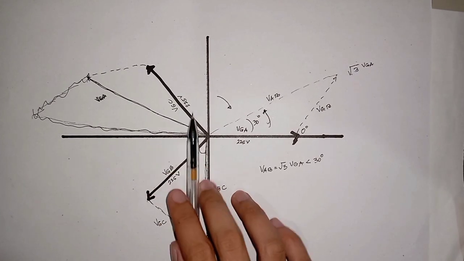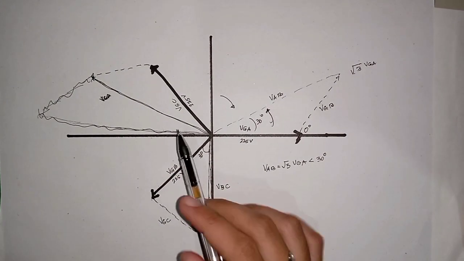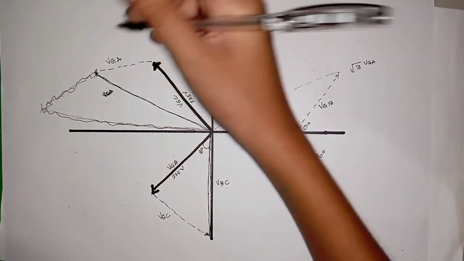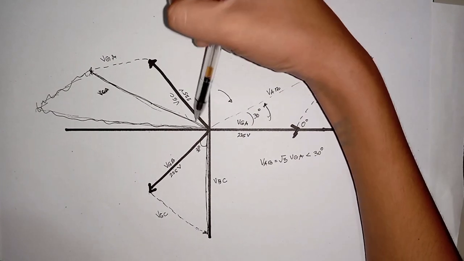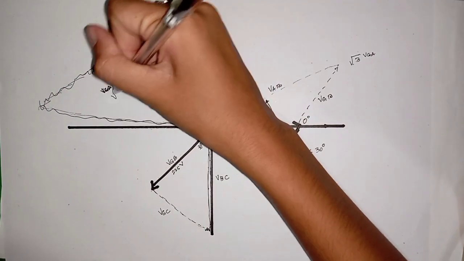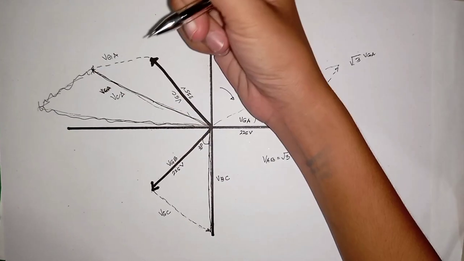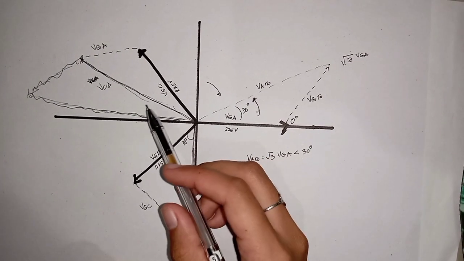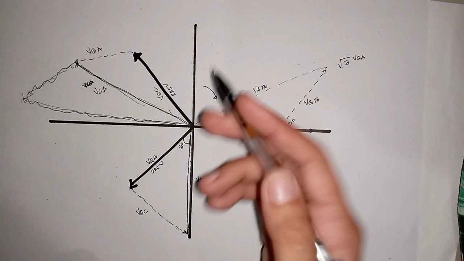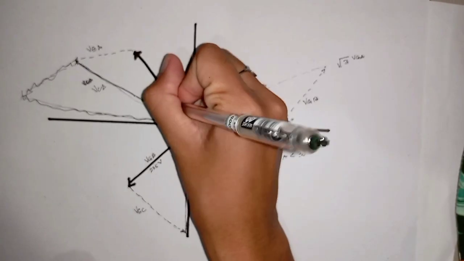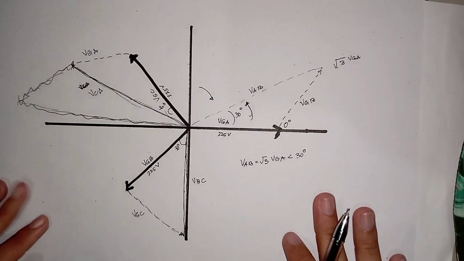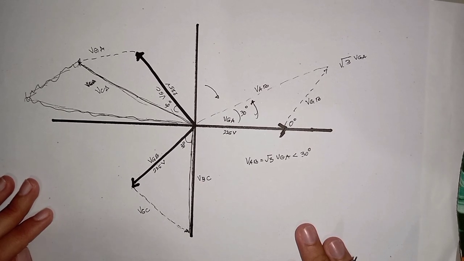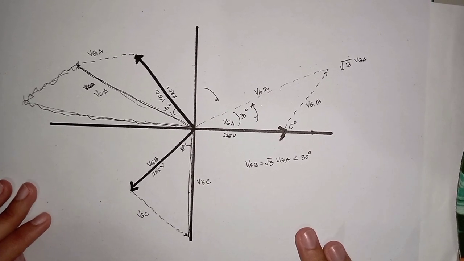So rotate by 180 degrees, so our VGA will be here. Our resulting vector would be our VCA. There is also a 30 degree counterclockwise shift. So this is the voltage phasor diagram analysis, and that's all about a Delta-Wye transformer connection. Thank you.